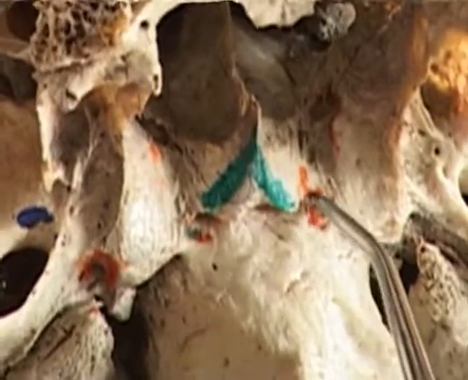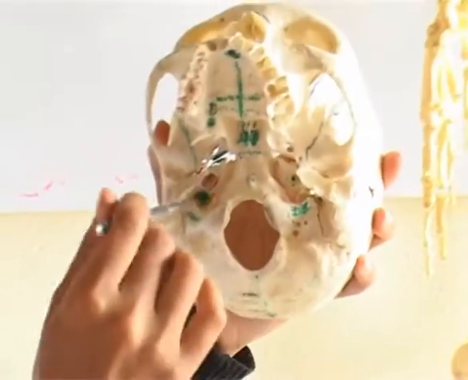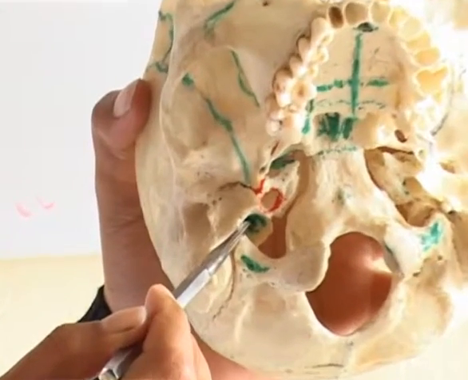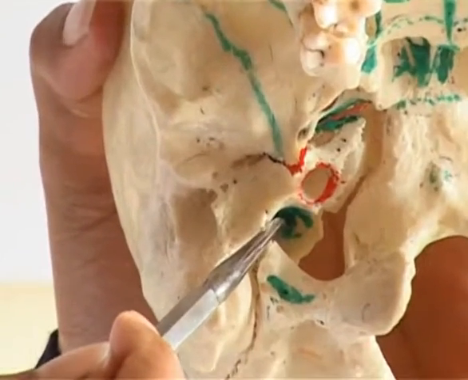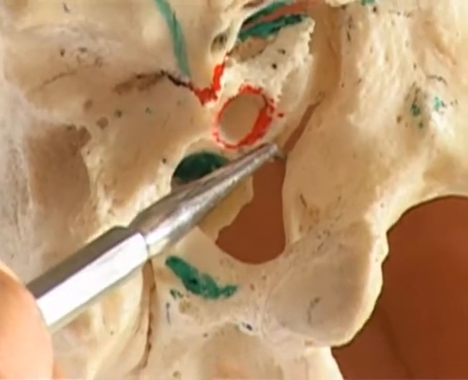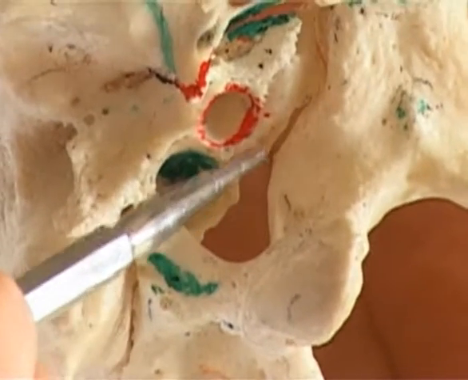Then there is the jugular fossa. The posterior part contains the beginning of the internal jugular vein, and anterior to that is the exit of the 11th, 10th and 9th nerves.